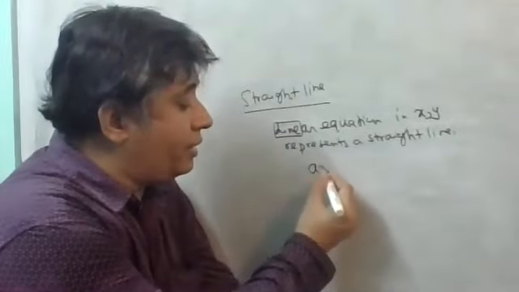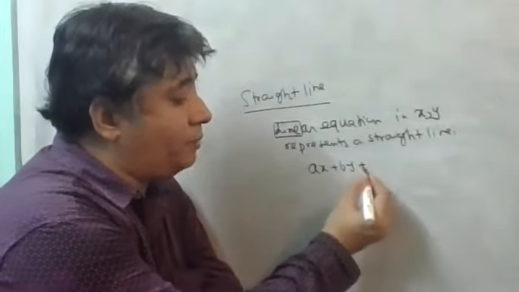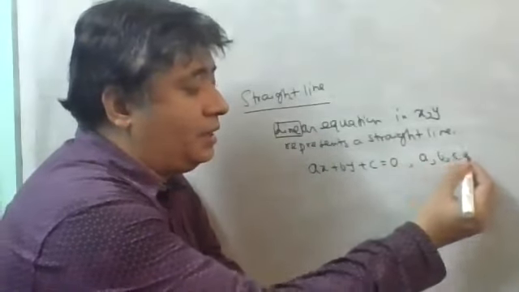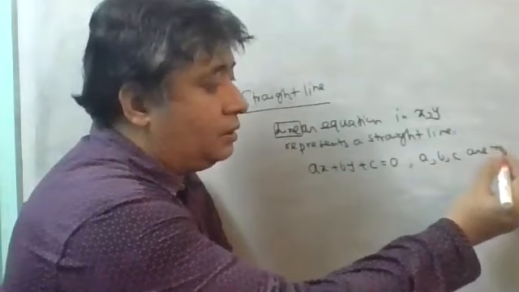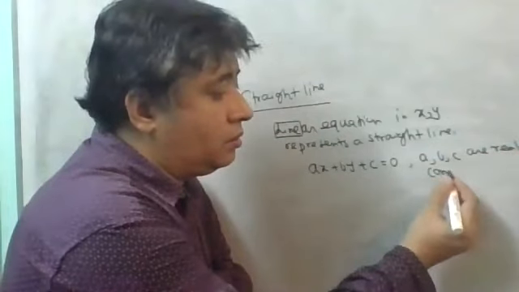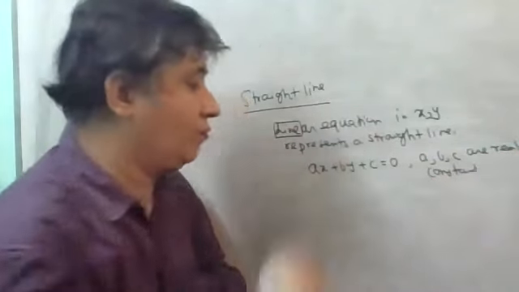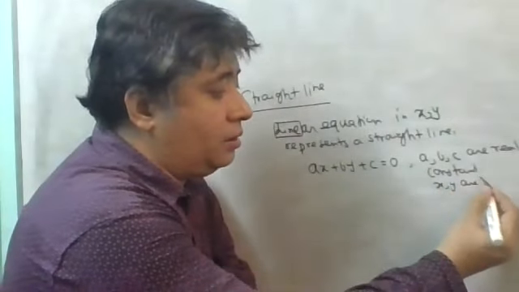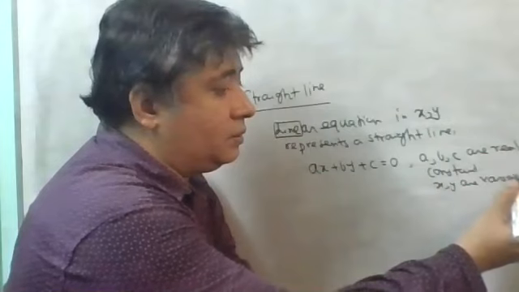Let us take one linear equation, ax plus by plus c is equal to 0. Here a, b, c are real constants and x, y are variables.